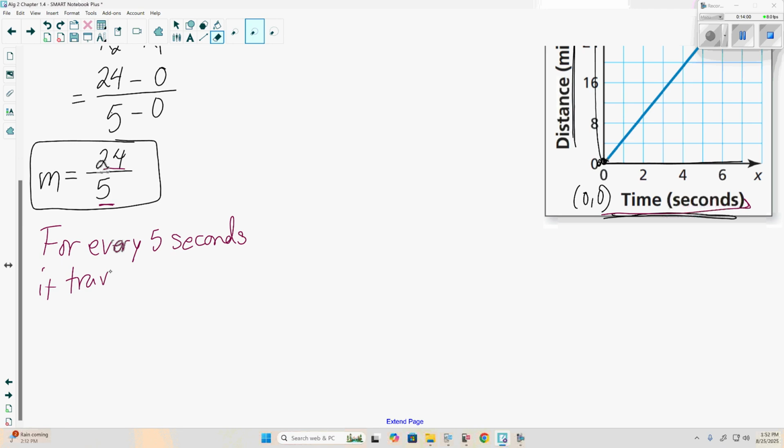It travels 24 miles. So interpreting the slope is saying that for every 5 seconds, it's going to travel 24 miles. That's all the slope is telling us. And that's it.